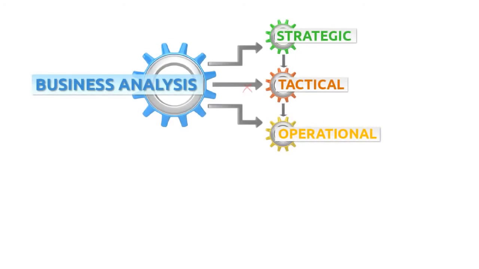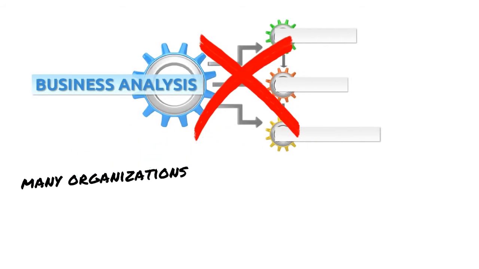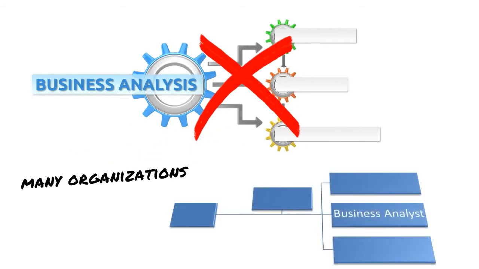Few organizations staff all three levels of business analysis, and even fewer use the terminology strategic, tactical, and operational business analyst. In many organizations, "business analyst" is not a job title.